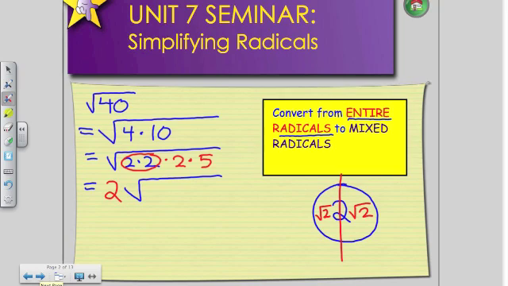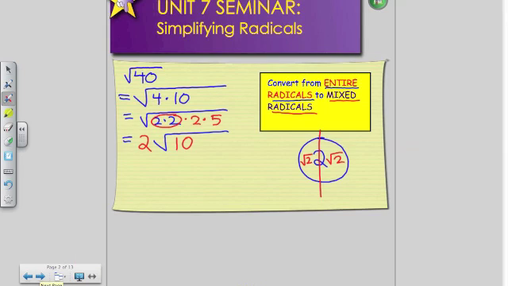There aren't any more pairs, so I can combine those numbers. 2 times 5 is 10. So root 40 is equivalent to 2 root 10. Now that you are seniors and you are definitely going on to grade 12 mathematics, you have to express all your answers in terms of mixed radicals all the time. Okay? Let's try one more.